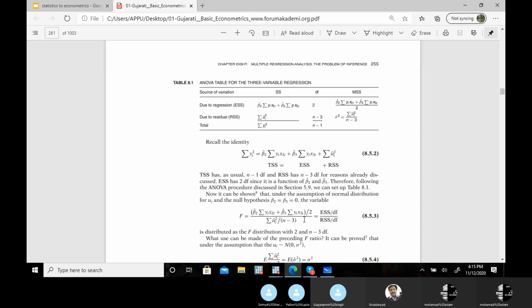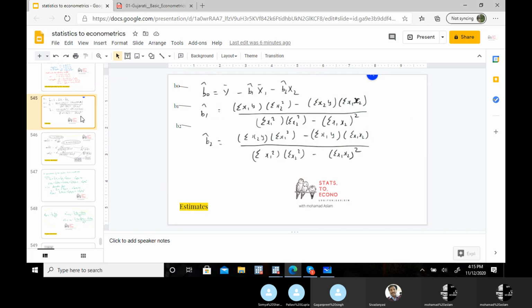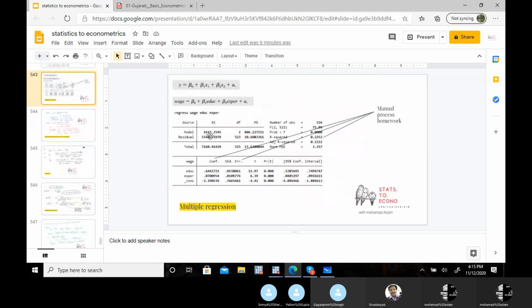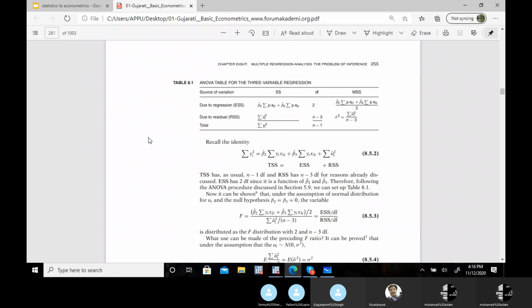So here it is 3 minus 1, so 2, and n minus 3, whatever the sample size is. In our case, you can see the degree of freedom is 2, and because our observations are 526, so 526 minus 3 is 523. If you divide these sums of squares by the respective degrees of freedom, you will get the mean sum of squares.